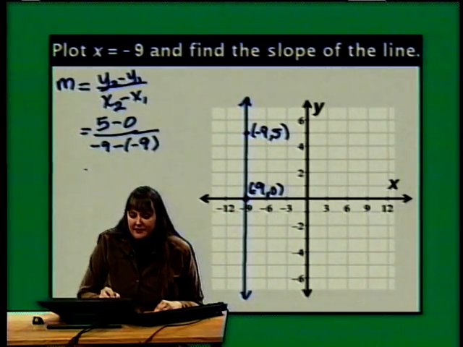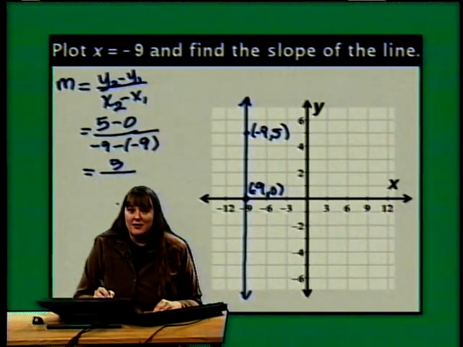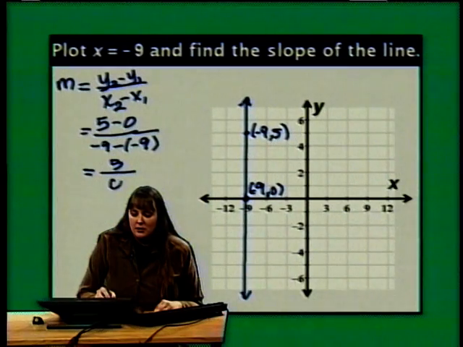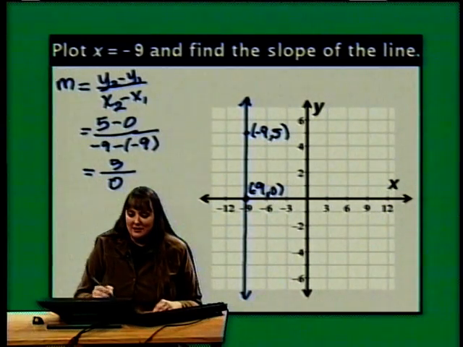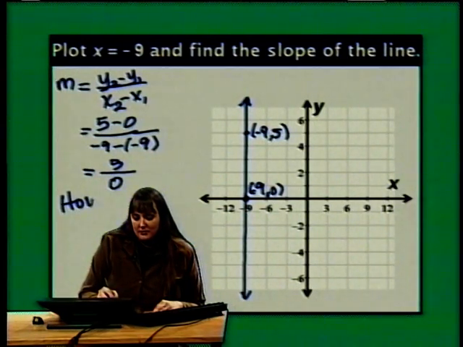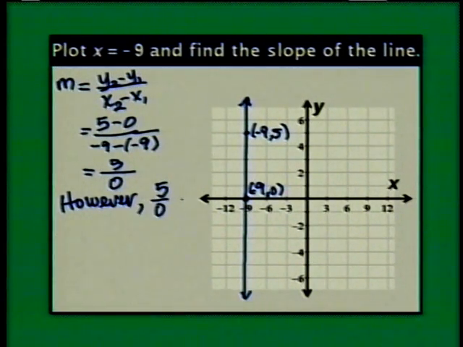5 minus 0 is 5. -9 minus -9 is the same as -9 plus 9, which is 0. I have 5 divided by 0. This should bother you. Division by 0 is undefined. So 5 divided by 0 is undefined.